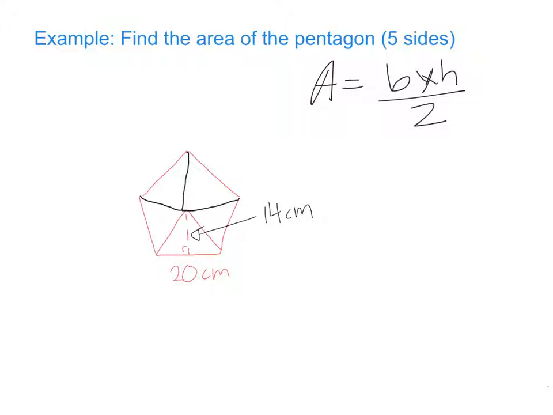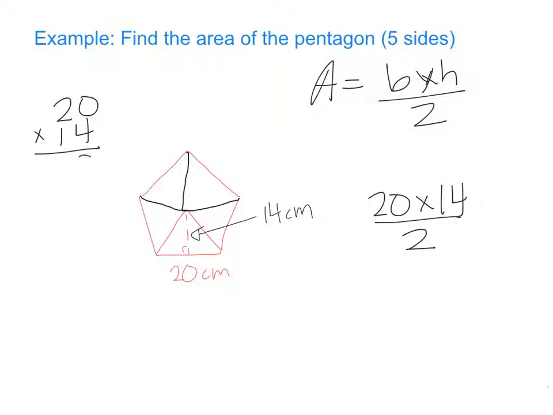So I'm going to first find my base. My base is 20 centimeters. My height is 14 centimeters. So I'm going to do 20 times 14, and then I'm going to divide all that by 2. Let's do 20 times 14 over here. 4 times 0 is 0. 4 times 2 is 8.